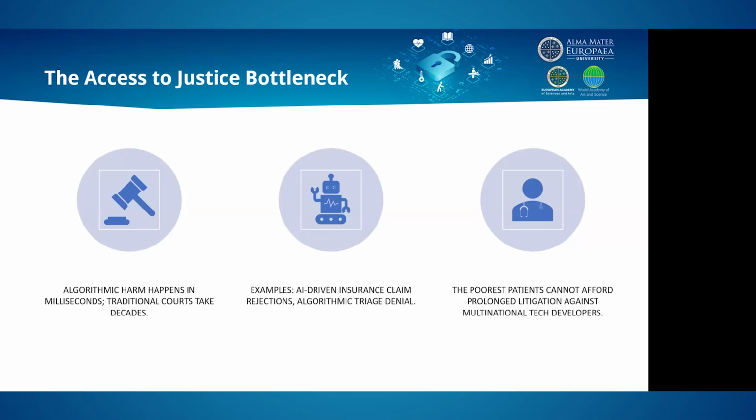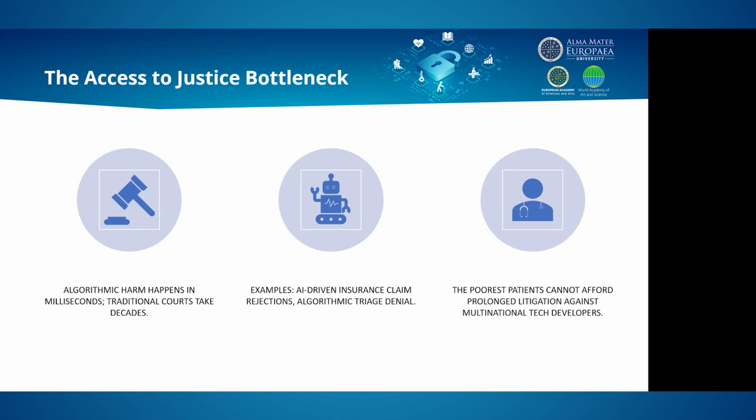Now, access to justice has always been a bottleneck when these systems inevitably fail. When an AI wrongly denies a rural patient's health insurance claim, the harm happens in milliseconds. The traditional courts in India, unfortunately, take a decade.